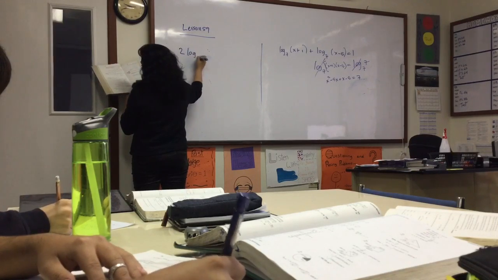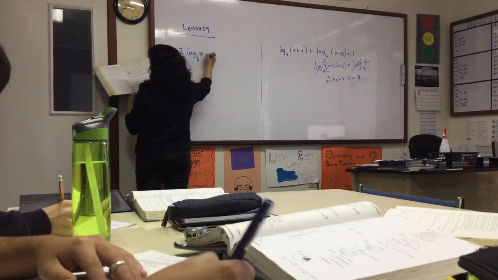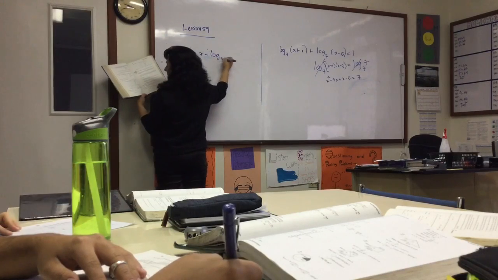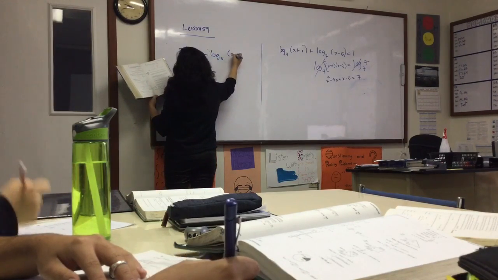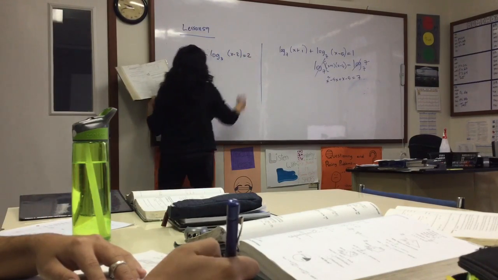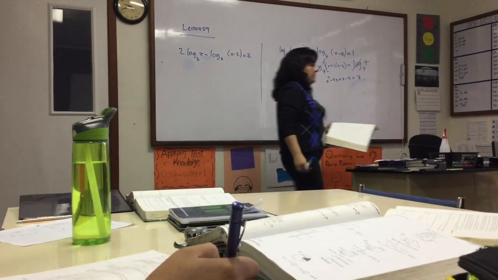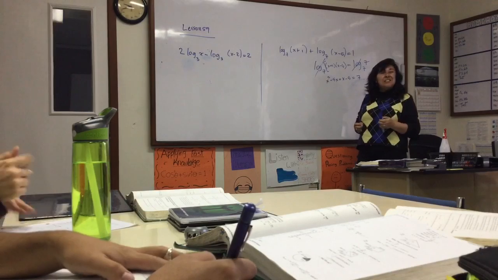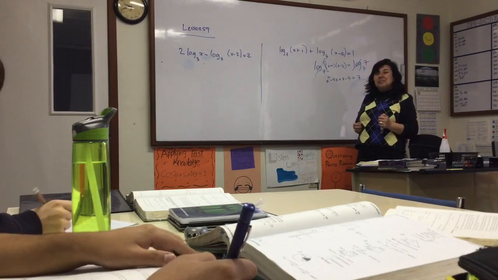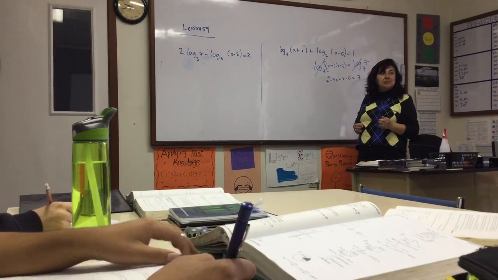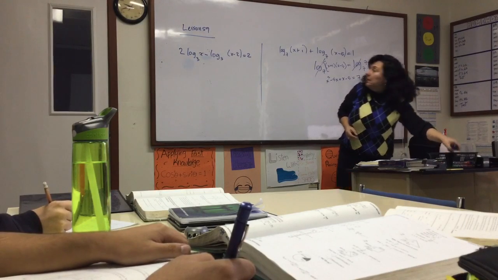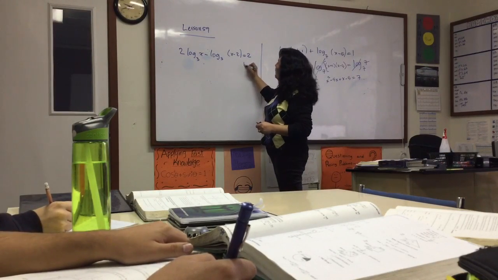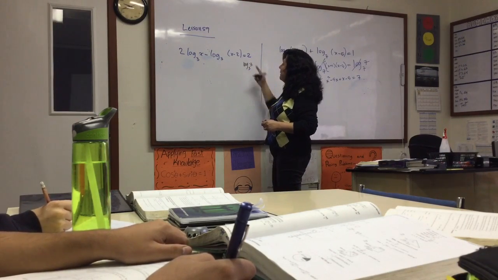Two logarithm. Okay, what's my first problem here? The 2. What do I do now? The 2 is not a 1. Okay, so I know it's logarithm base 3 of 3, but I need a 2.